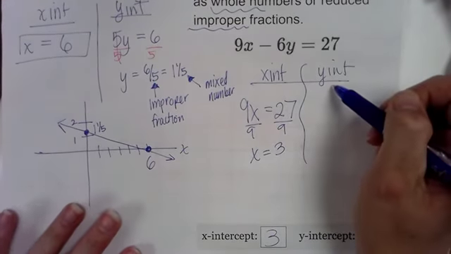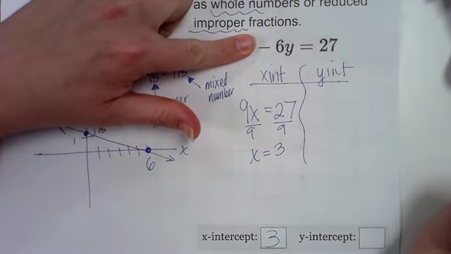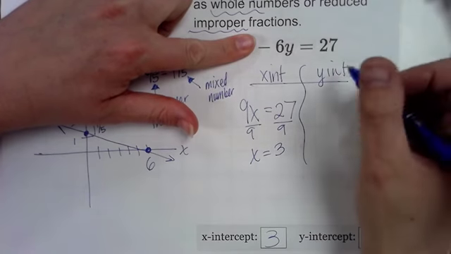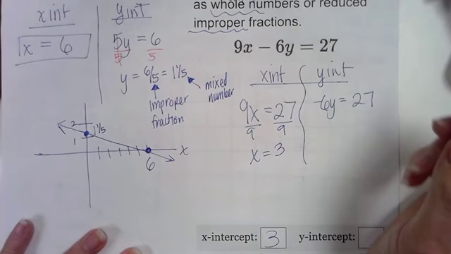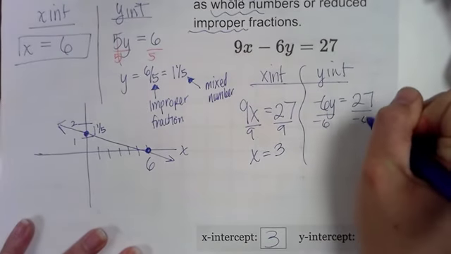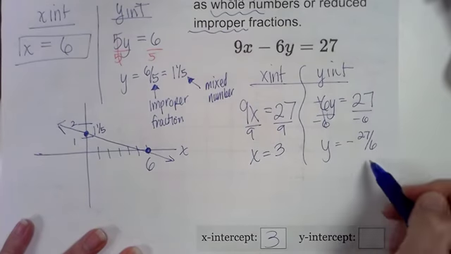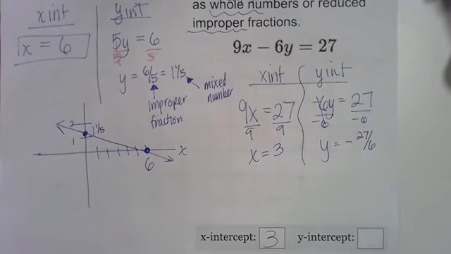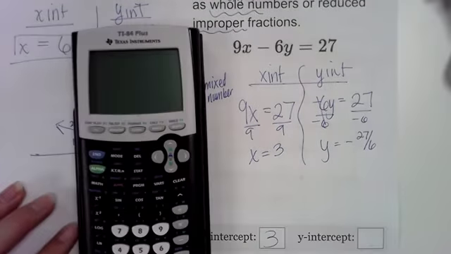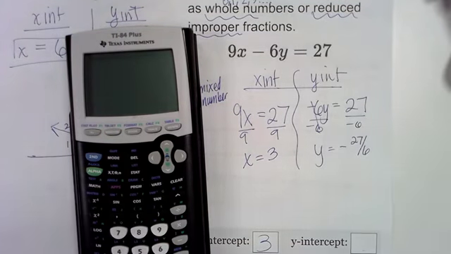The y-intercept, plug in a 0 for x. It makes that term disappear, so what are we left with? Negative 6y. Good. And then we would divide by negative 6. Good. So y equals negative 27 over 6. Is this okay? Yes. No! Oh, you all just killed all the kittens on earth. No, simplify. Reduce.